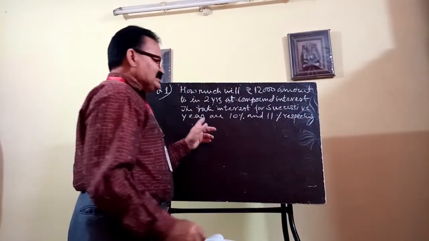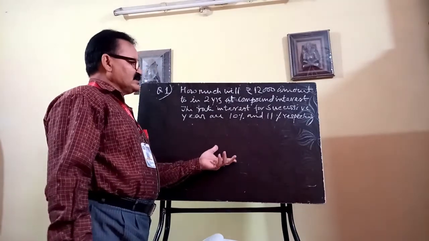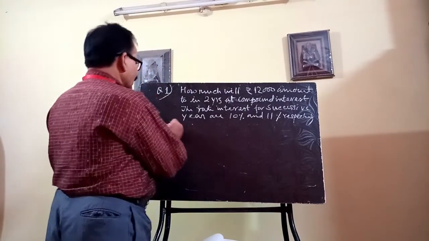So this is the last case where two different rate percents for two different years are given. You would just try to solve it.